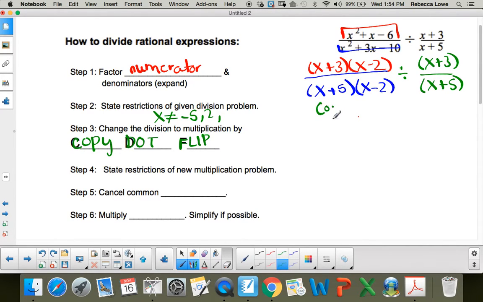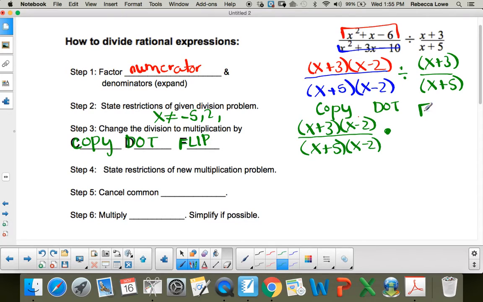The copy part is copying the first rational expression. Dot is changing division to multiplication, so a dot means multiply. And flip means writing the reciprocal of the second rational expression. That's how you change division to multiplication: copy, dot, flip.